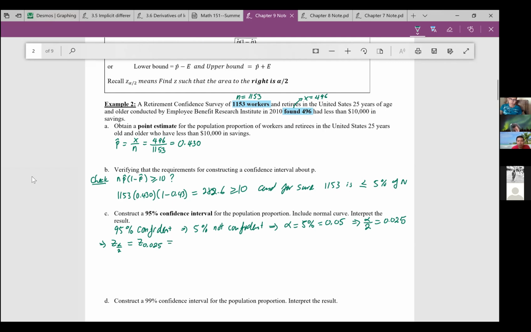So I'm going to use the command for the regular calculator, not the advanced one. So you have the advanced one, you know what to do, okay? So I'm going to use inverse norm of 1 minus 0.025, comma 0, comma 1. All right, so this gives me 1.96.